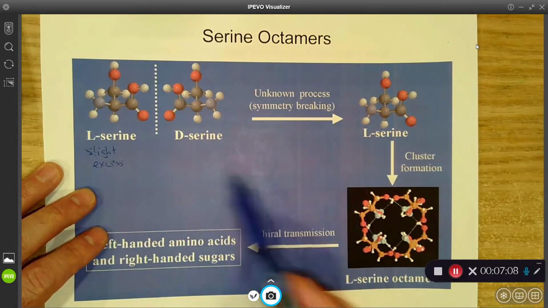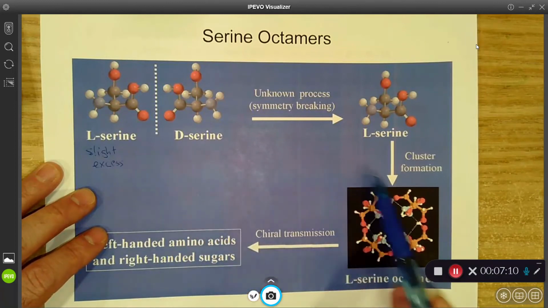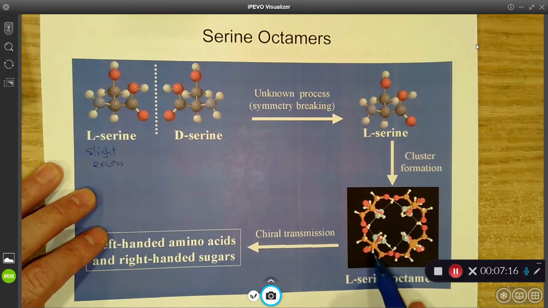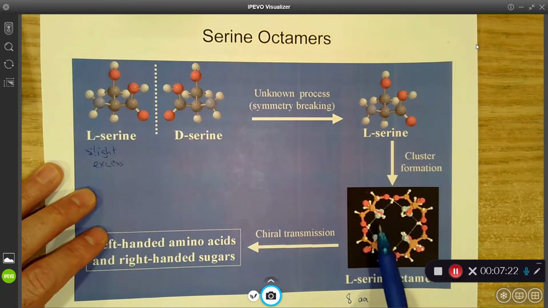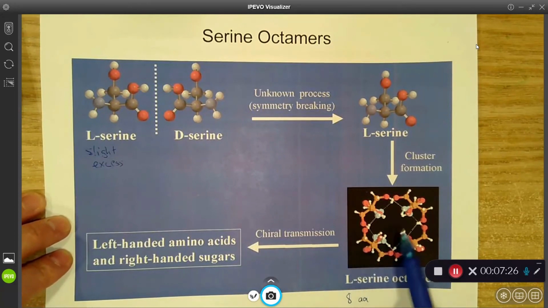What they noticed is that because there was an excess of the L-serine, they started to form these octamers, these clusters in which 8 L-serines come together. They were held together tightly through hydrogen bonding. And because this is now a tightly packed three-dimensional structure, chiral transmission allows this to be much more stable.